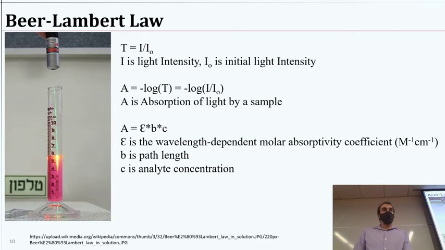We can describe the absorbance, how much light was absorbed, A, as the negative log of the transmittance. And we can define that as A equals epsilon, which is the wavelength-dependent molar absorptivity coefficient. You'll probably see this value in papers sometimes if you're looking at anything related to photochemistry or just light absorption in general.